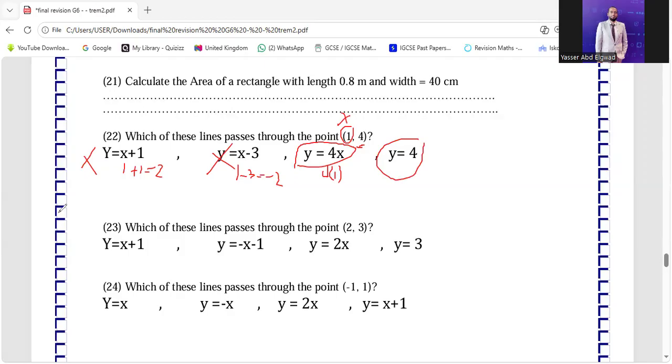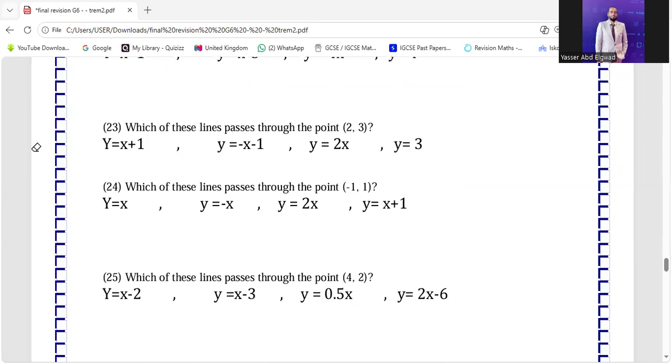The next one, 23, the same. You put x equal 2. If you get 3, it's passing through. 2 plus 1, 3. Yes, passing through. If you put 2: negative 2 minus 1, negative 3, not passing. 2 multiplied by 2, 4, not passing. y already equals 3. The next one, 24, which passes through negative 1.